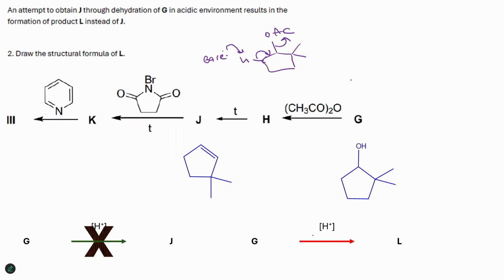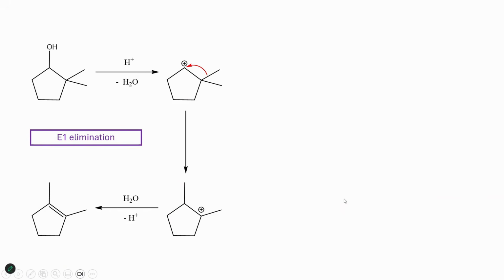But now when you are using hydrogen plus, we are not going to have E2 elimination. We are going to have E1 elimination. So OH is going to attack the hydrogen plus, and then water will leave. This is going to be the first step, which we call a unimolecular reaction. It's going to become OH2 plus, and then it will leave as a water molecule. So we are going to have a positive charge here.